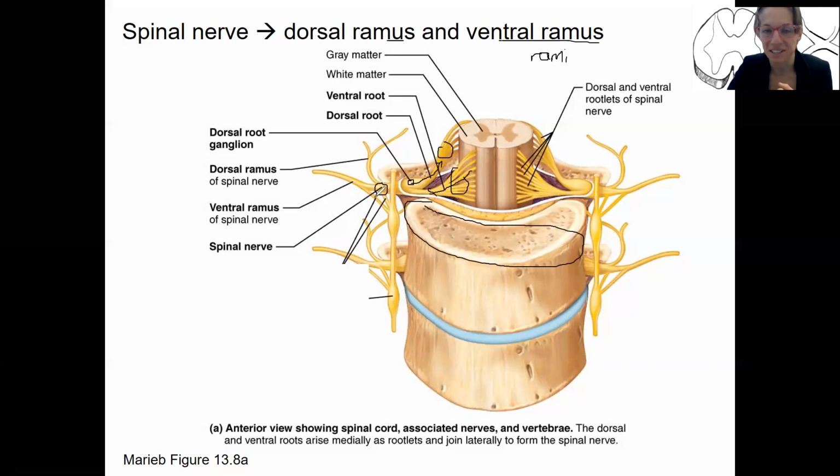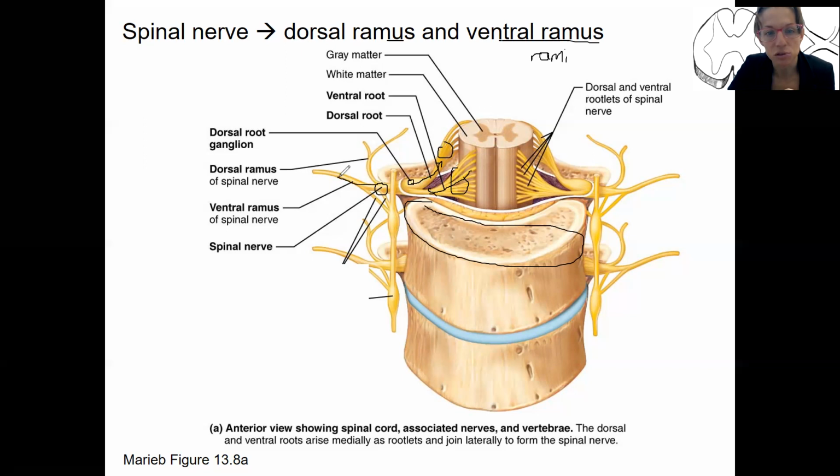And now we're going to see the spinal nerve itself technically is actually very short. It's going to split into a ventral and dorsal ramus. So ventral and dorsal, just like before, roots are right near the tree, which is the spinal cord, and these rami are out here.